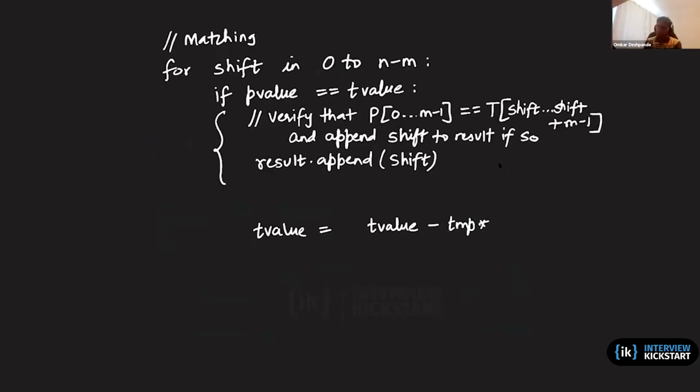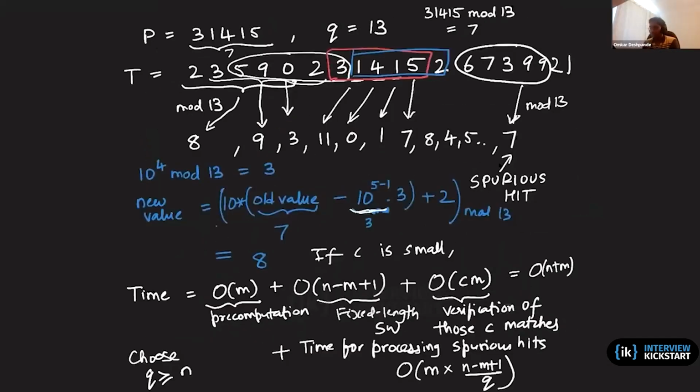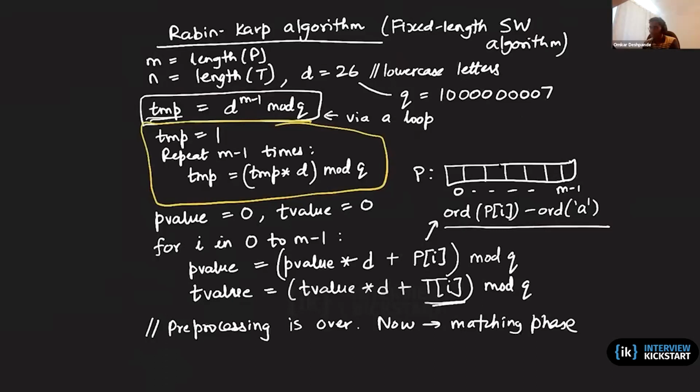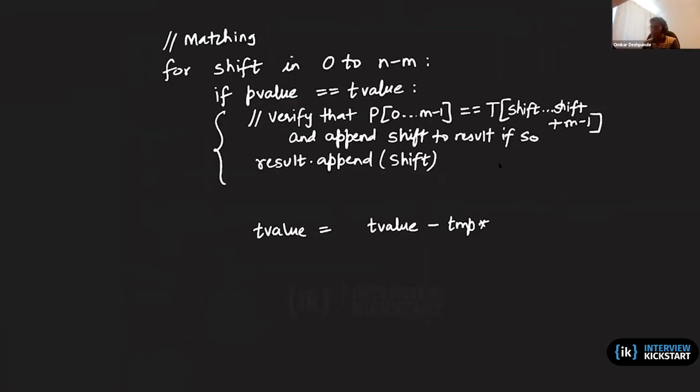Hold on, did we do a mod q there? Yes, we did already. Okay, temp times the leftmost digit. The leftmost digit is t of shift.